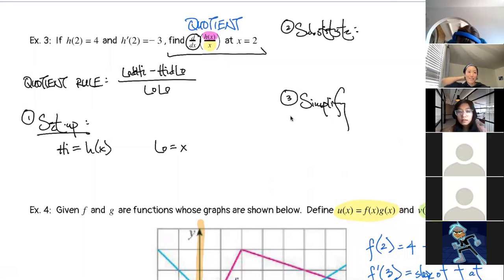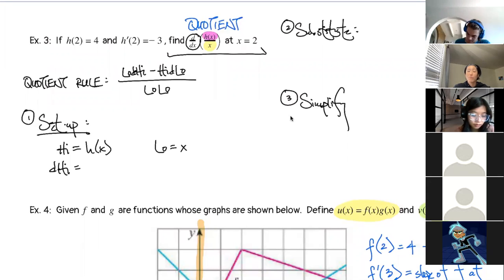Are there any other questions about how we identify the top function and the bottom function? Because I think that's a really important piece here. Okay. So I know this is weird because in the past, when I've said find the derivative, you had a function, right?